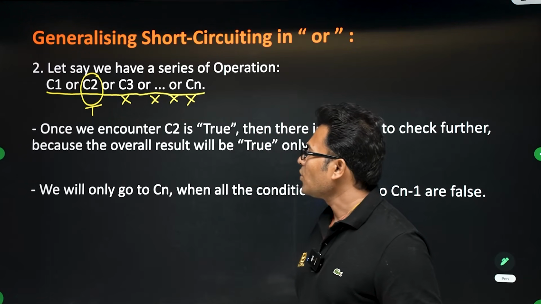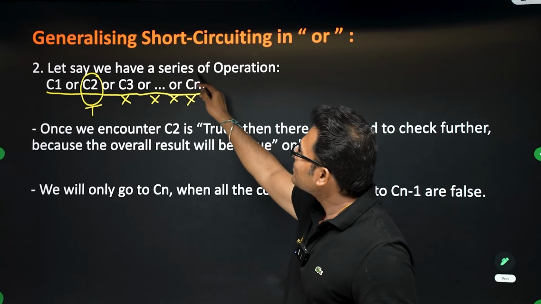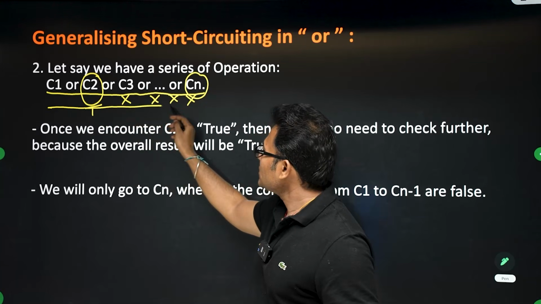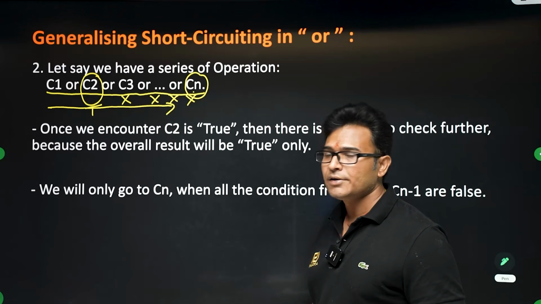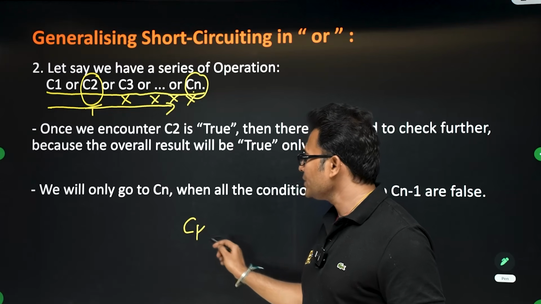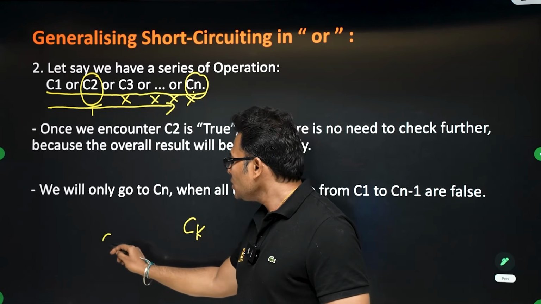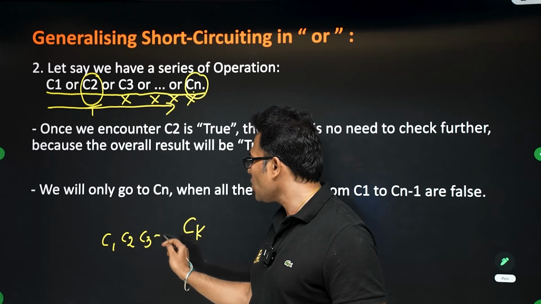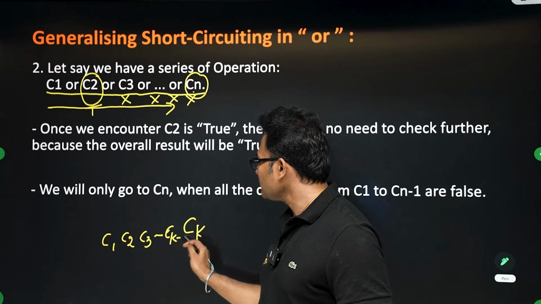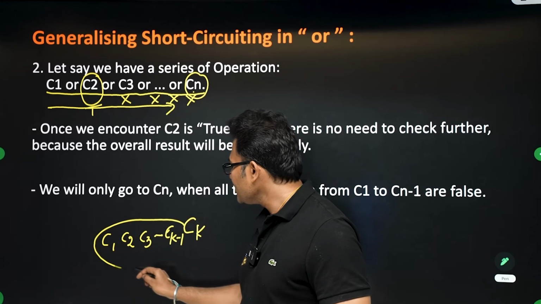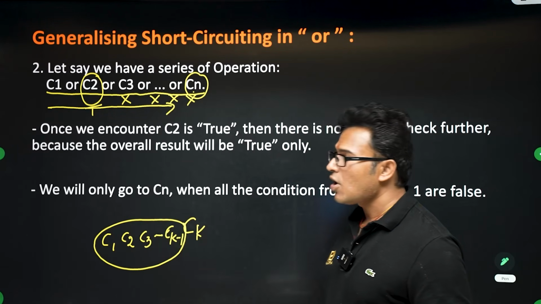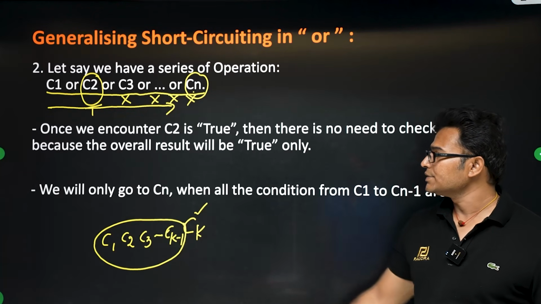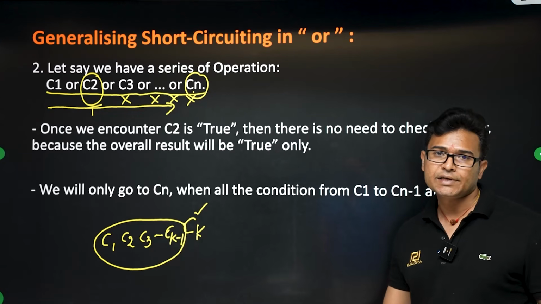Now, when will Cn be evaluated? If all of these happen to be false, then only Cn will be evaluated. When will Ck be evaluated? If all the conditions before it, C1, C2, C3, so on, Ck minus 1, are false, then only we will evaluate Ck. Otherwise, we will not evaluate Ck in general.